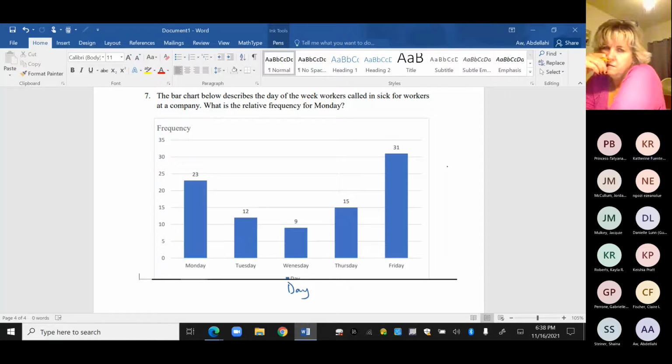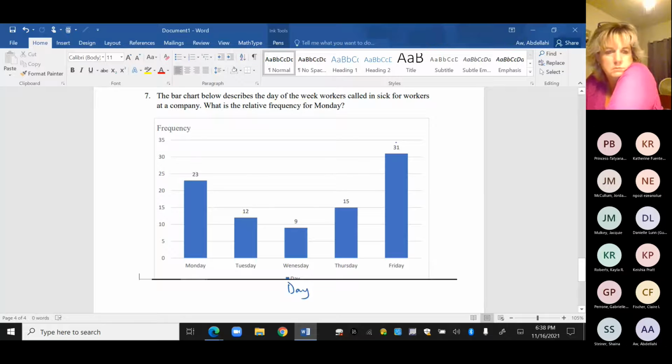In this problem, we were not given the total number of workers like the other ones. The other ones said, you know, 50 customers. Here we are not given that. But when we add up the frequencies, the numbers are there, they are nice here to tell you exactly what each number is, right?